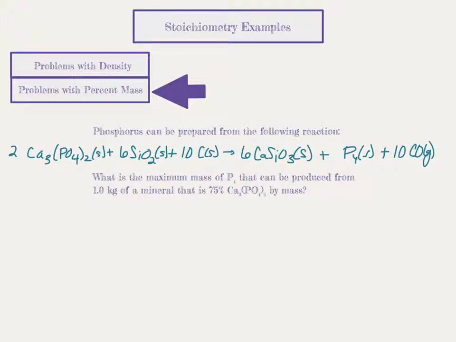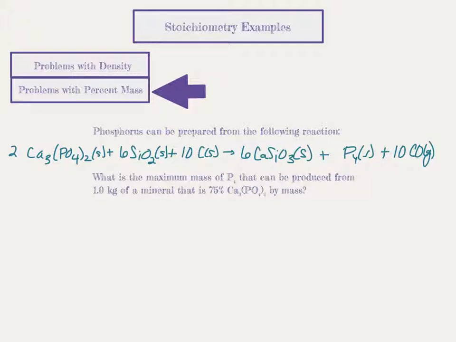In this next example, we're going to talk about how to handle percentages by mass. In several different stoichiometry examples that I've seen, we either have a tablet that is a portion of our interesting starting molecule, or they're asking how much of a tablet we could have at the end that would have the appropriate amount of chemical.